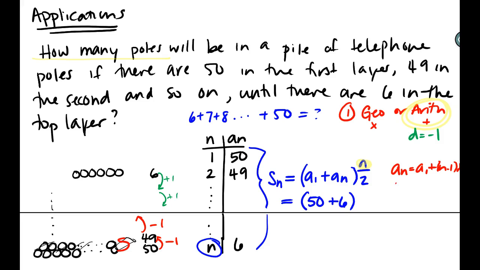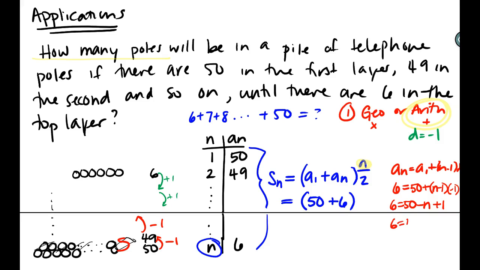So we know what the last row has. It has 6. First row is 50. We don't know n, that's the piece we're looking for, but we do know our d is -1. That's how much I added each time, if I thought of 6 as the bottom and 50 as the top in terms of starting. So if we multiply this all out, we get 6 is equal to 50 minus n plus 1.